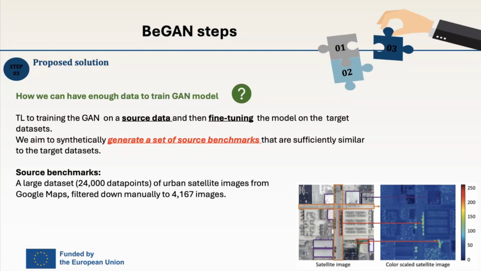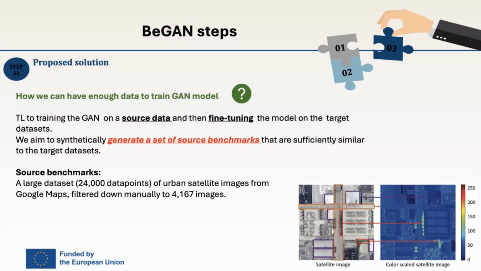They used urban satellite images generated by Google Maps as the source dataset, and did some pre-processing to make it fit the training well.